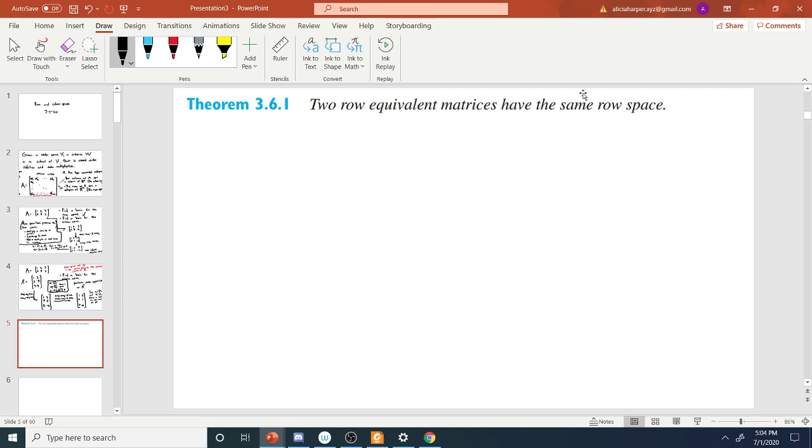So let's suppose we have a list of vectors.